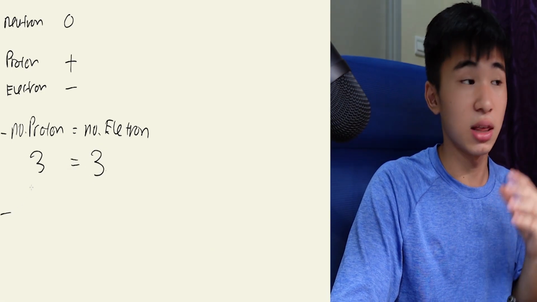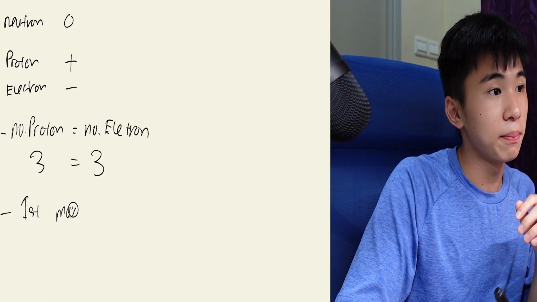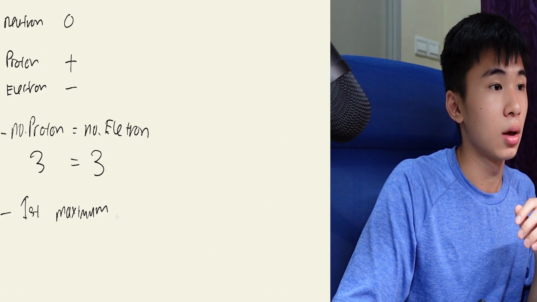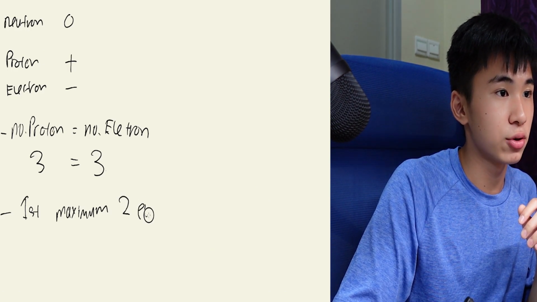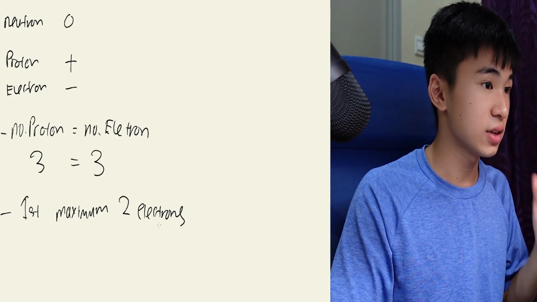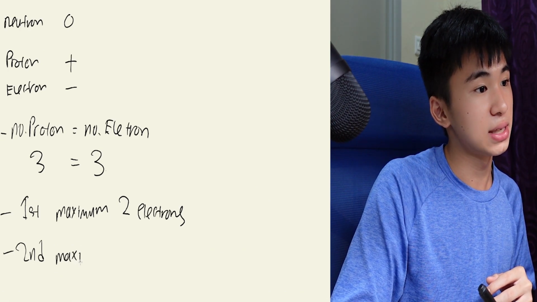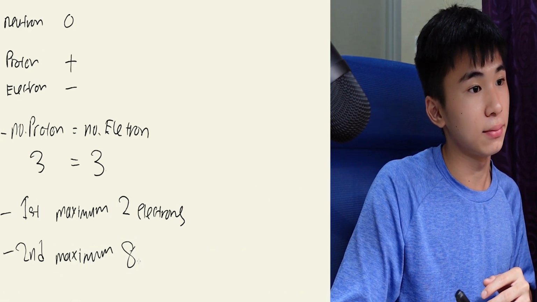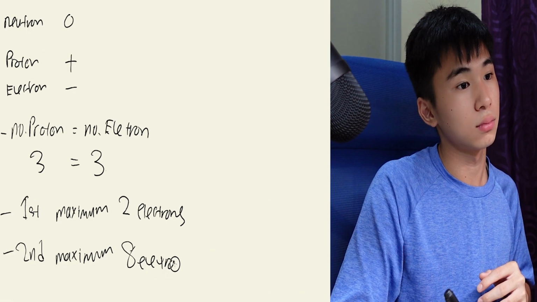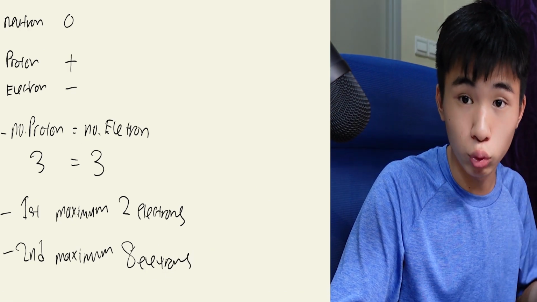The next one is that the first shell can hold a maximum of 2 electrons, and the second shell onwards can hold a maximum of 8 electrons. So these 3 are the basic rules to follow.